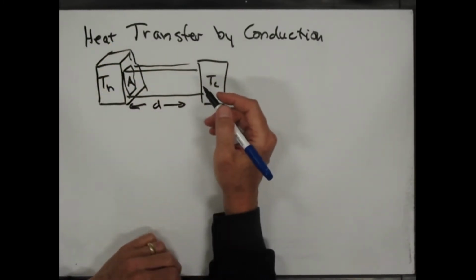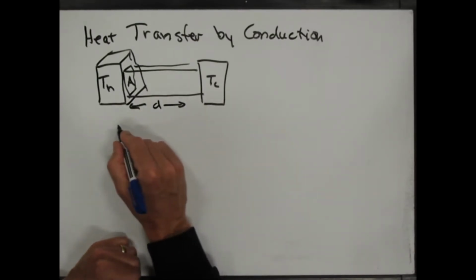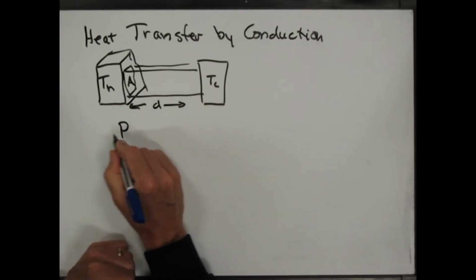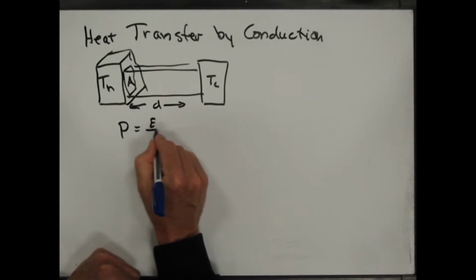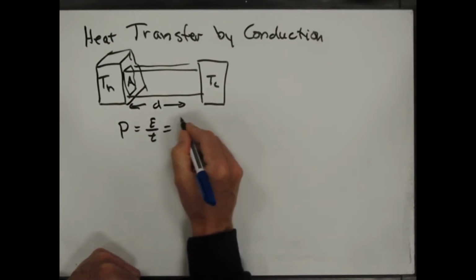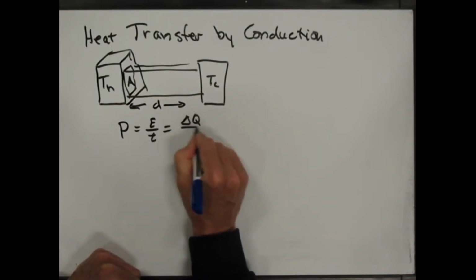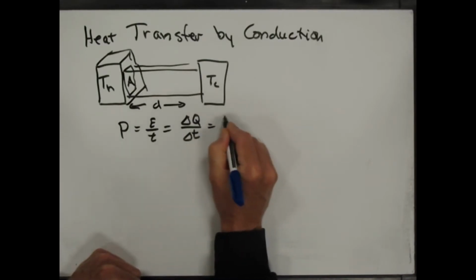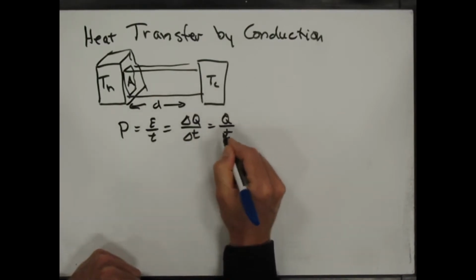And so it turns out that the power, that is, power is energy per time, right? In this case, we might call it the change in heat over the change in time. Sometimes that's just written as Q over T, right?